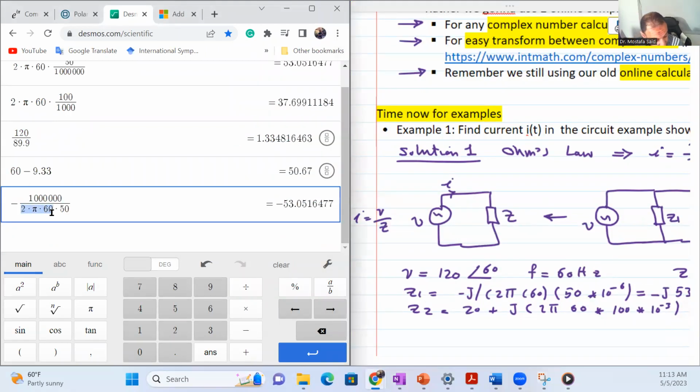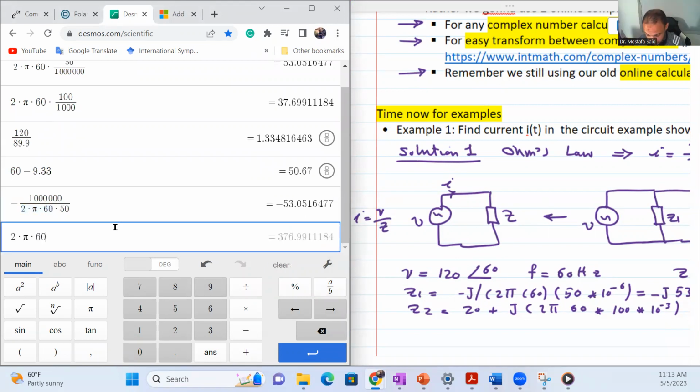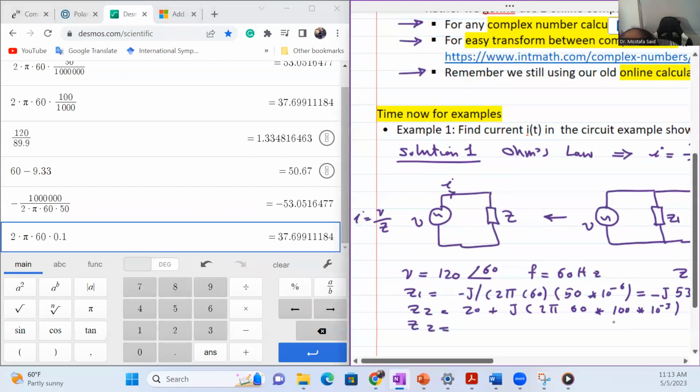Use what you already did. You already wrote 2 pi f before, so use it. Multiplied by 100 multiplied by 10 to the power of minus 3, which is 0.1. So Z2 is actually 37.7, just round the 699 to 7. Okay, plus, I'm sorry, j.